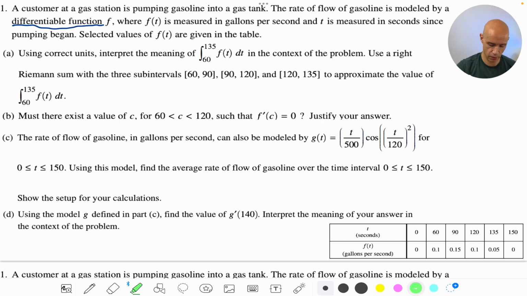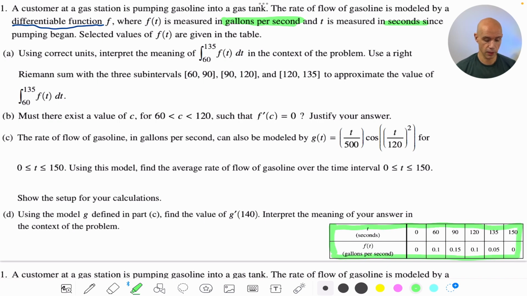Wow, we have units. Guys, be careful or you're cooked. Don't forget the units, okay? Gallons per second, and t is measured in seconds. Well, that's consistent. Selected values of f of t are given in the table.